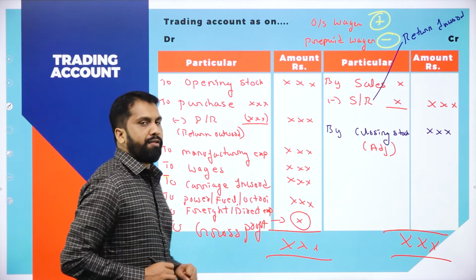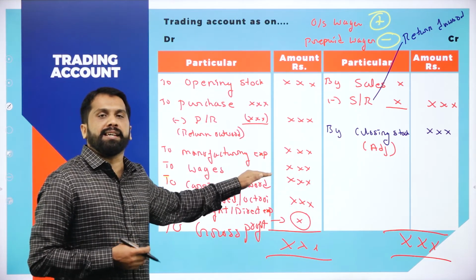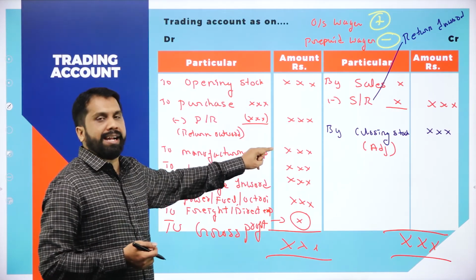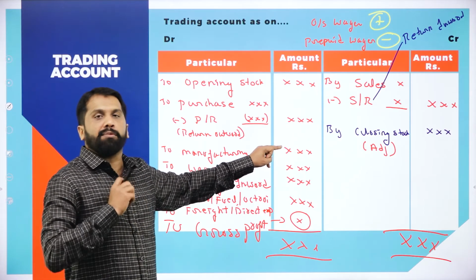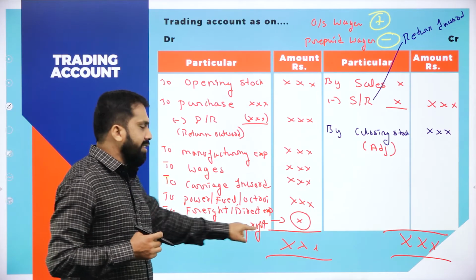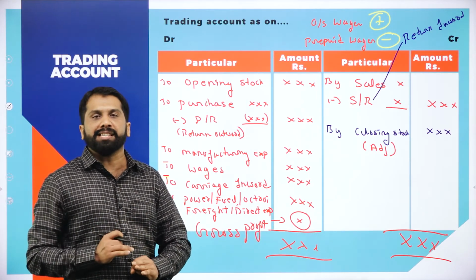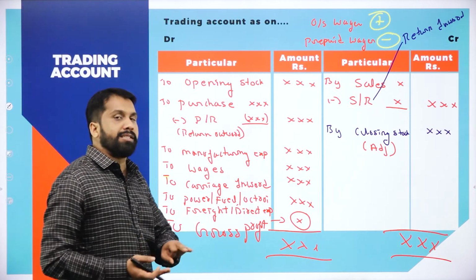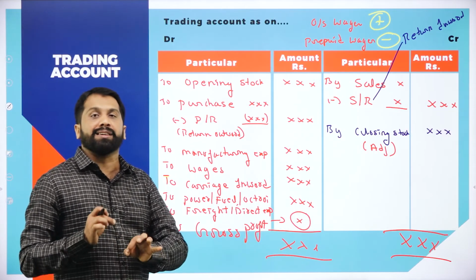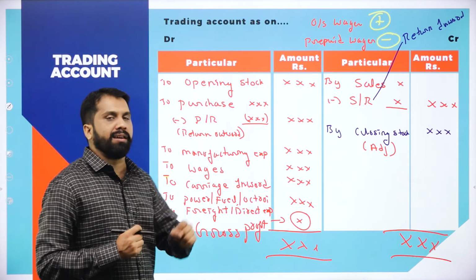If your sales are more and purchase and direct expenses are less, total minus these things gives gross profit. If your expenses are more and your sales are less, then you will get gross loss. This is all about your trading account.